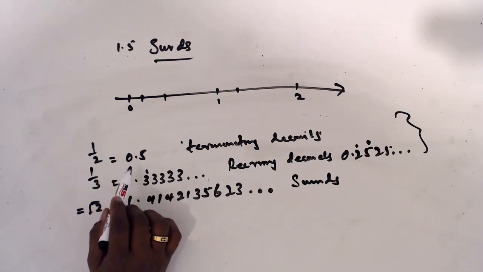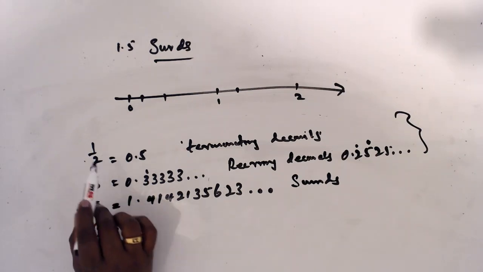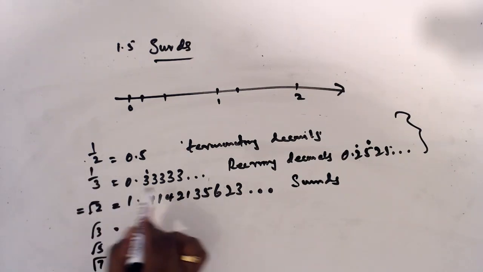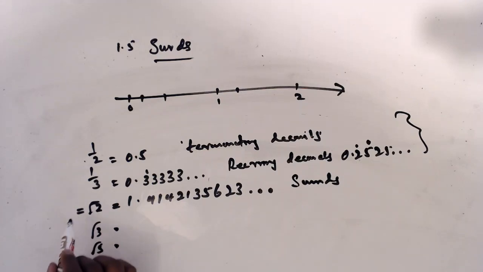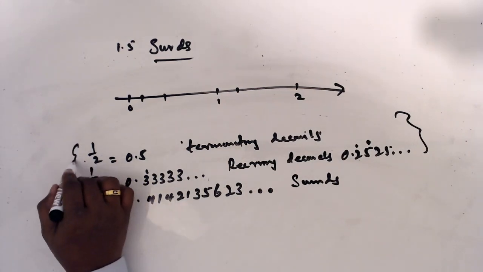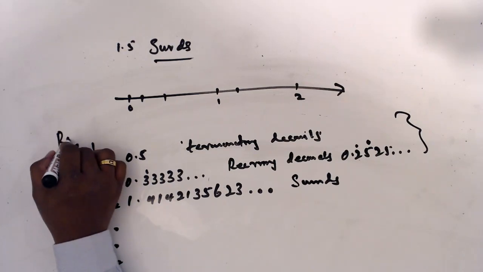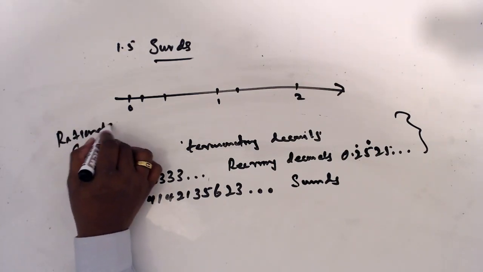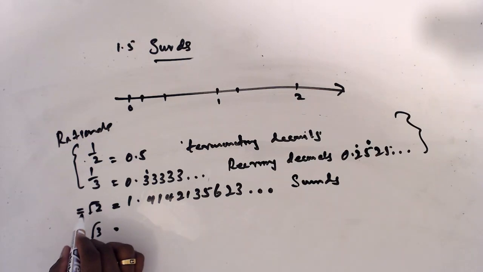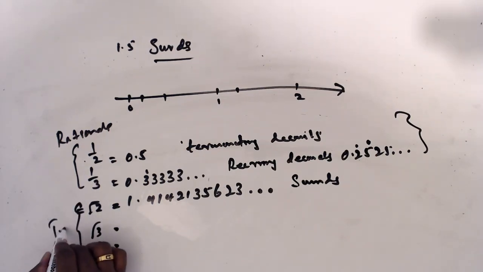So you can see that 0.5 can be written as a fraction. This class we can write as a fraction, but unfortunately this third class we can't write as a fraction. So if we can write a number as a fraction, we call those rationals. And if we can't write a set of numbers as a fraction, then we call these irrational.